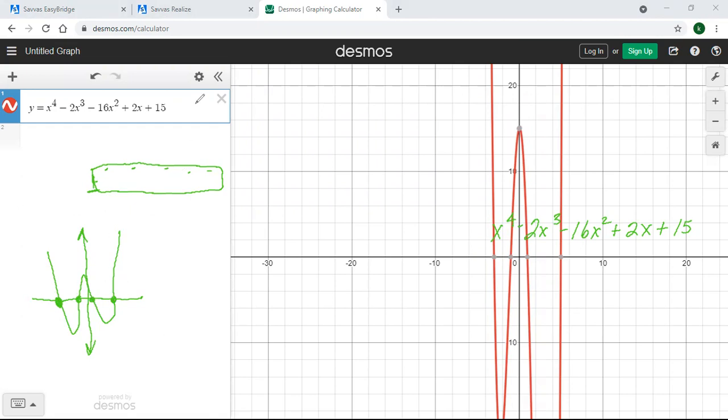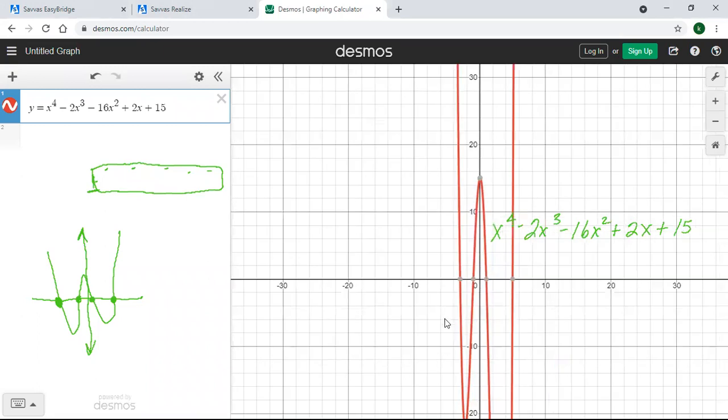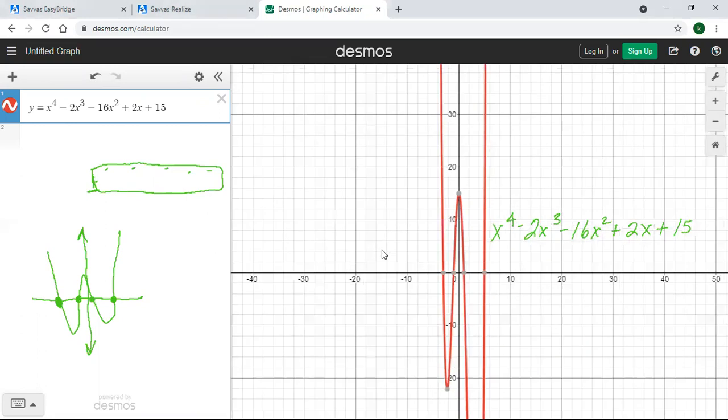If I come over here and click on those, what are all these numbers? Those are key points. And my y-intercept may be a key point. Oh shoot, I just zoomed in and then lost where my graph was.